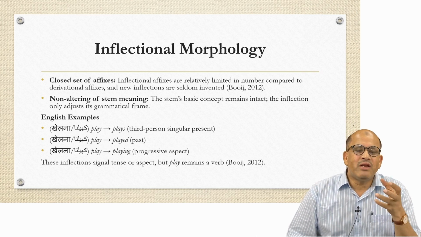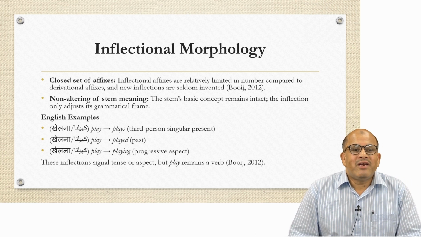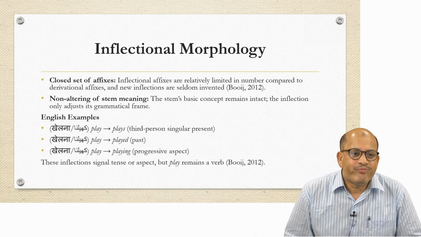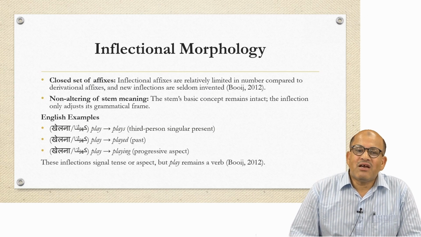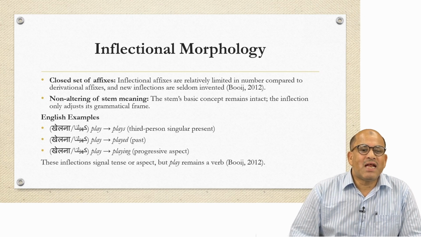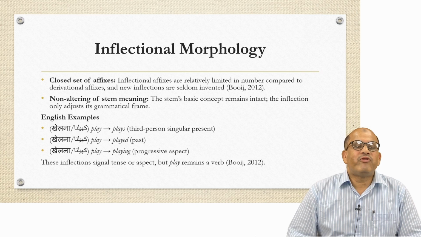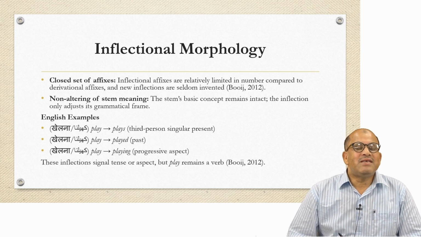Sometimes we invent something new to make some changes. Non-altering of stem meaning: the stem's basic concept remains intact. The inflection only adjusts its grammatical frame. So the root, stem or base remains unchanged.